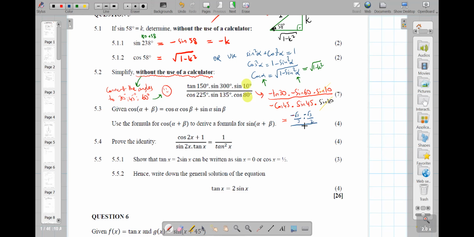And then divided by, that is root 2 over 2. The calculator will give you that. So all these things, when you type in, you can type numerator and denominator separately. That's not a problem. The numerator will give me negative 1 over 2, divided by the denominator will give me negative 1 over 2. So the final answer is negative 1.